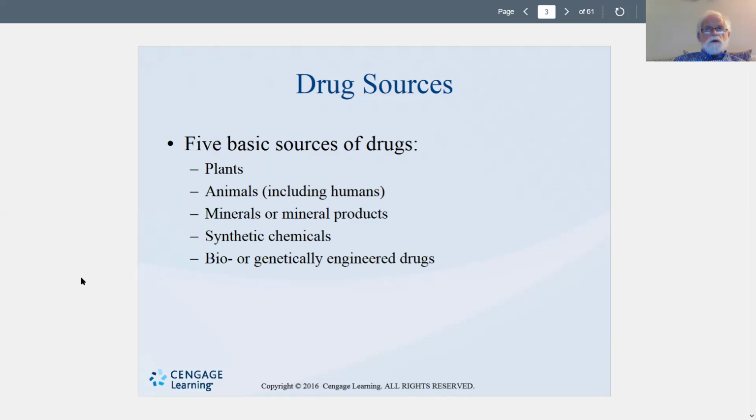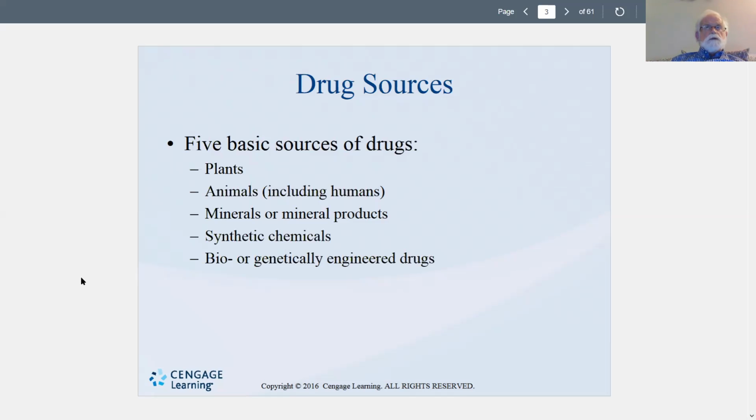Bioengineered or genetically engineered drugs, these are becoming more commonplace. Many of the newest drugs that have come out, and many very, very, very expensive drugs that have come out in recent years have been the product of genetically or biotechnology engineered drugs.